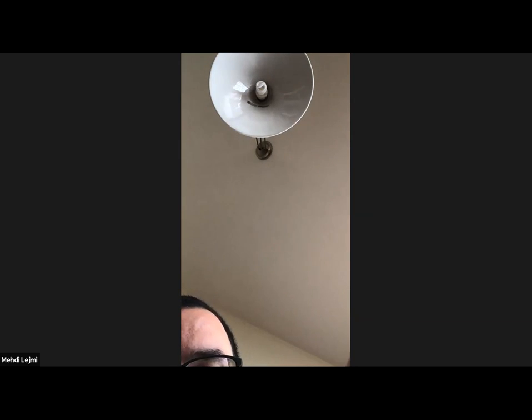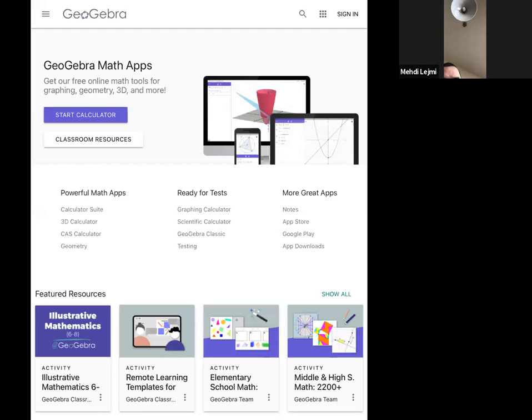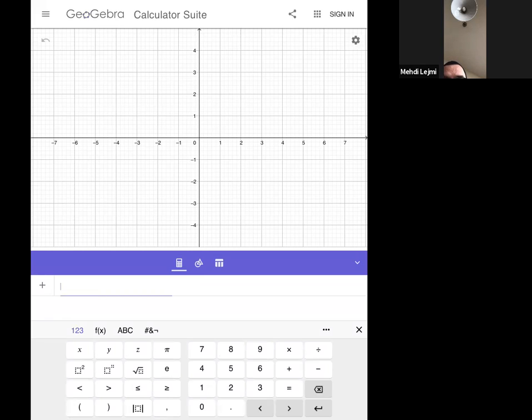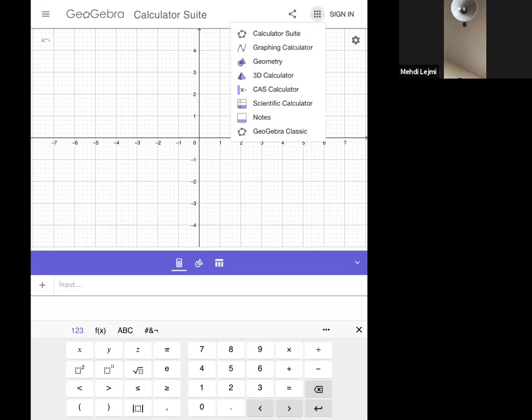I'm going to go to this website, GeoGebra, just to sketch the graph of this solid S. We're going to go with the 3D calculator.